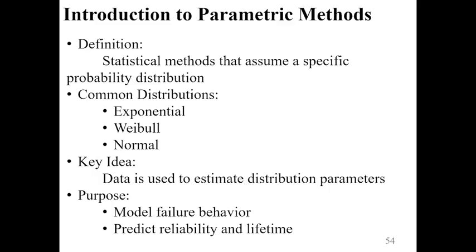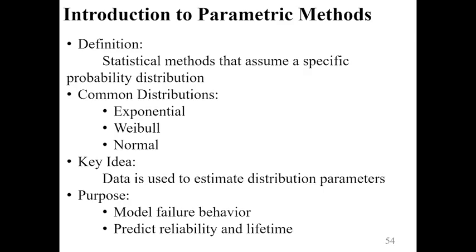These methods are statistical approaches that assume the data follows a specific probability distribution. Commonly used distributions include the exponential, Weibull, and normal distributions, each of which is suitable for different types of failure behavior.